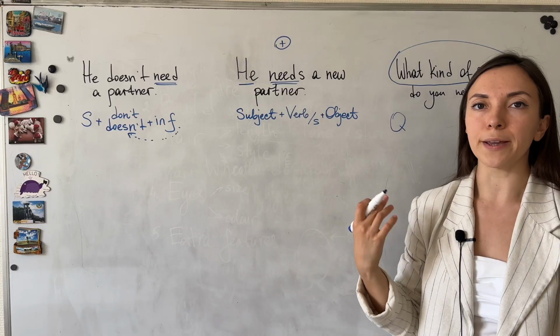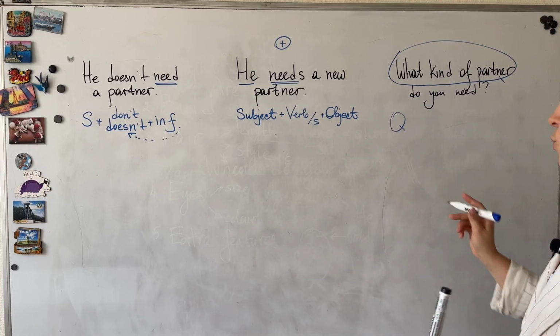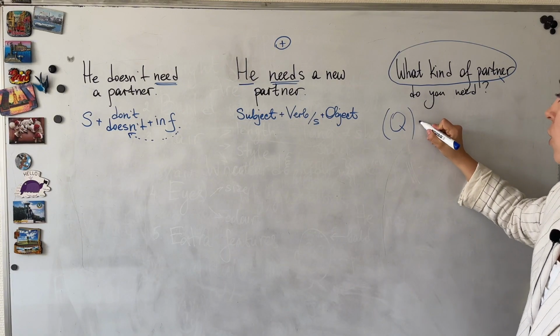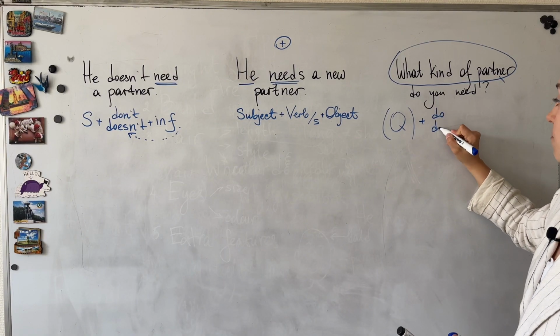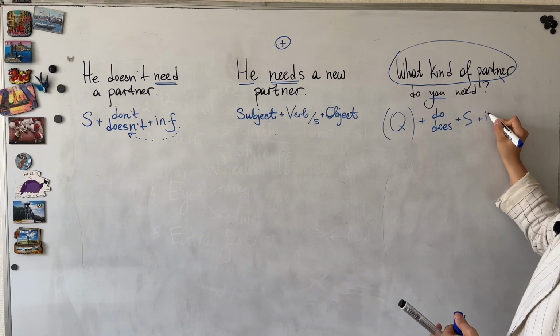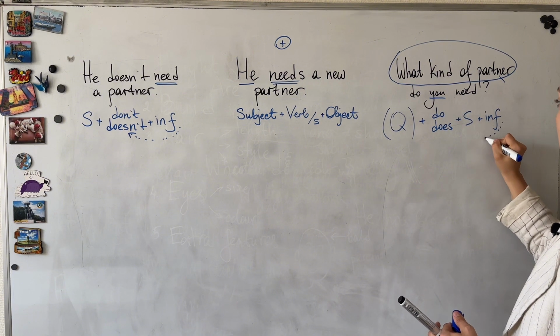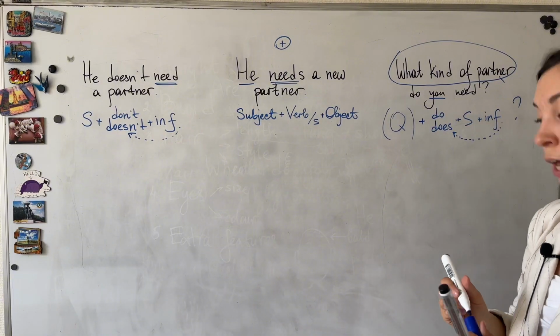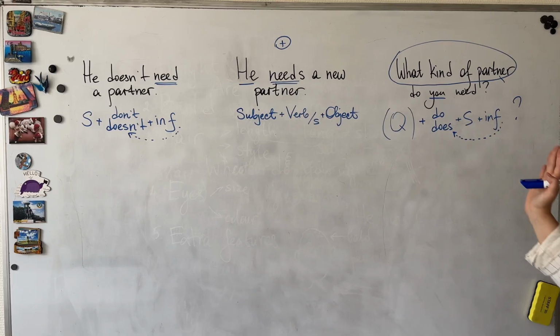Where, why, how, when, and so on, which is optional because sometimes we can start with just do or does. Then we've got the subject and again infinitive without any s because s is here. And a question mark, of course. Okay, right. These are the structures.